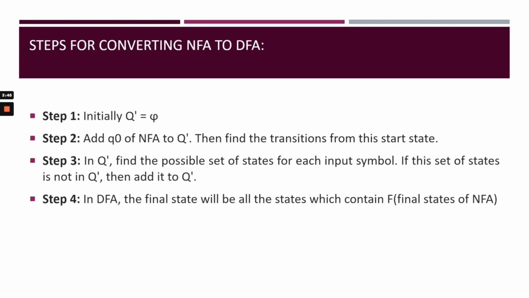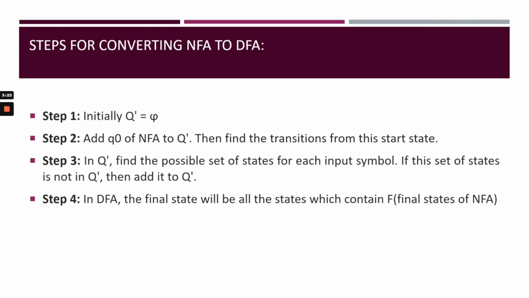So, steps for converting NFA to DFA. Initially Q' equals phi. Add q0 of the NFA to Q'. Then find the transitions from the start state. Third step is, in Q', find the possible set of states for each input symbol.